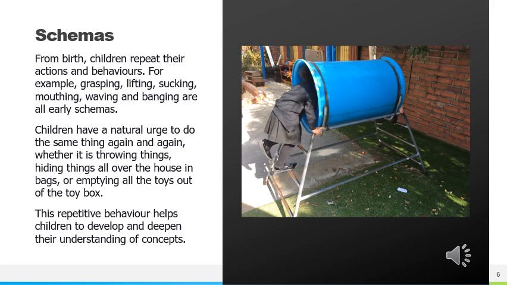Now, this is a really interesting one because you've always got that child who will empty the boxes of toys all over the carpet and then walk off and then do it again and do it again, and you go back and pick it all up. And if you look at what they're doing, it is probably their schema. So when practitioners say to us, well, should we just let them do that, and should we let them have everything all over the place?